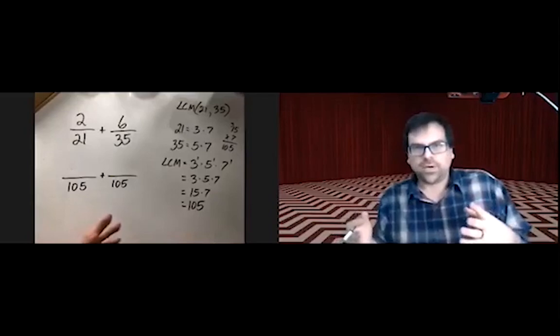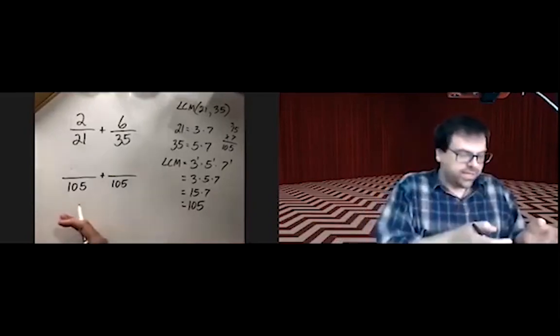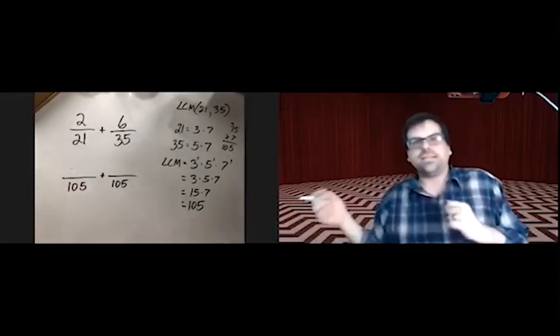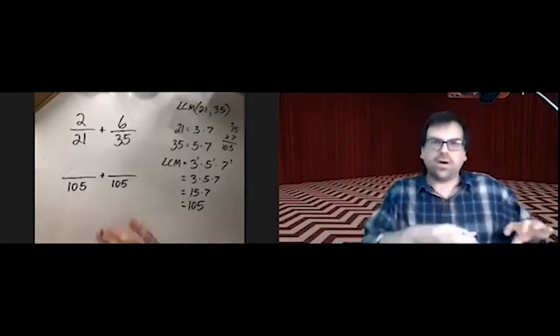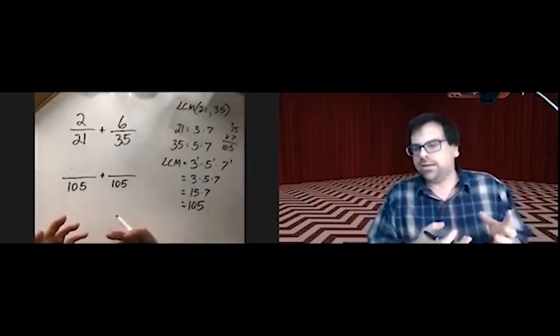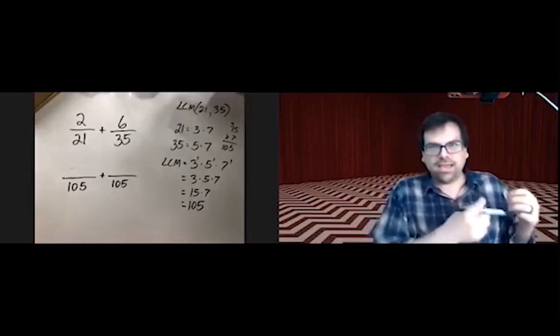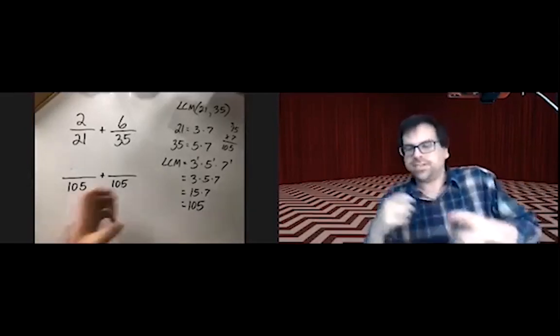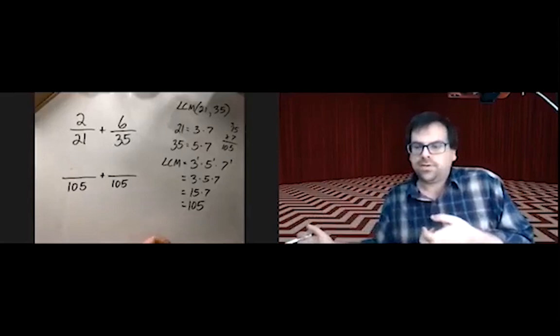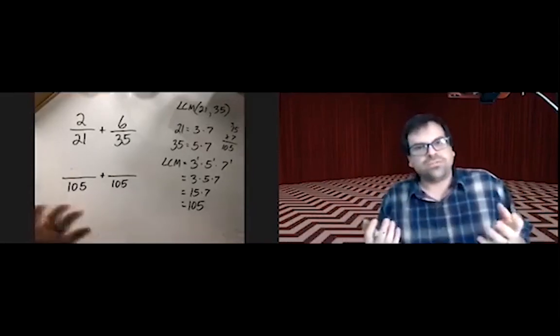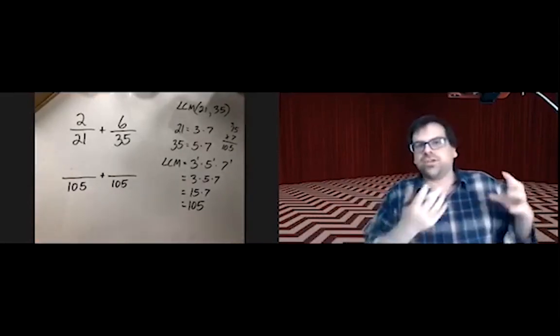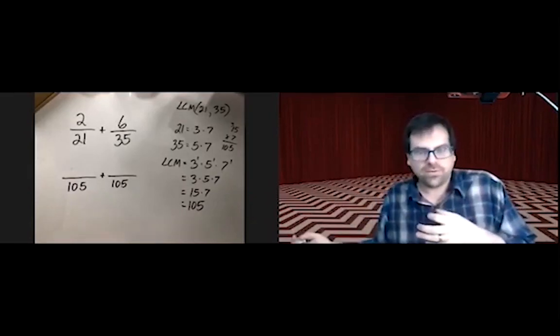This isn't a class where, oh, I didn't know how to do this, but it's okay, we're going to do something different. No, you need to know how to do everything we've been learning, because every bit of that is a required skill for something else. And then once we're done with fractions, you need to know how to work with fractions for everything else that we do.